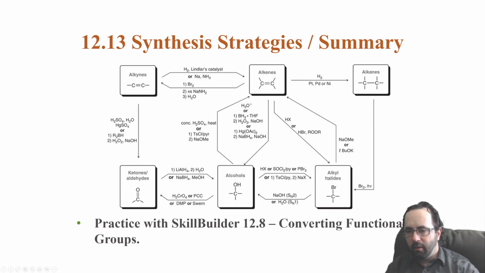But this bottom part here is a great summary of the oxidation and reduction reactions for alcohols. So if you want to oxidize an alcohol, as I said, you'll use chromic acid. PCC is another alternative. These are some others here. I'll always refer to these ones here. If you want to reduce ketones and aldehydes, the best choice is lithium aluminum hydride followed by water, but sodium borohydride followed by methanol will also work.